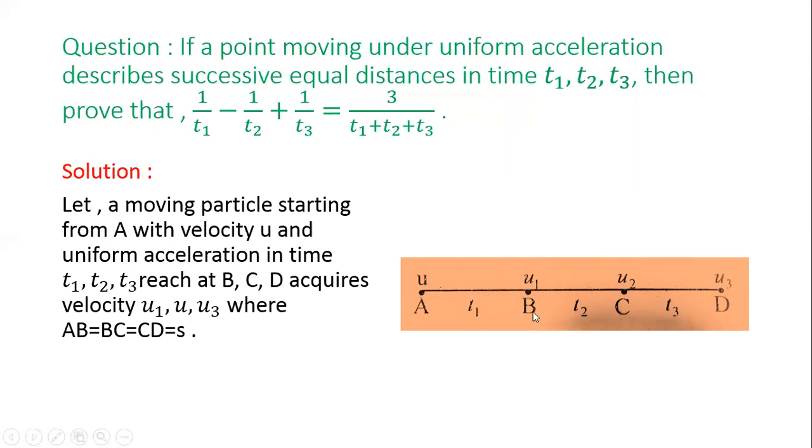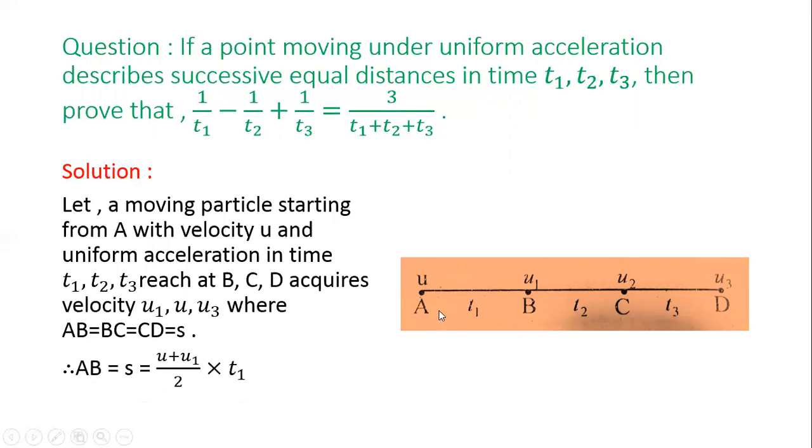When it reaches the point B, it acquires velocity u1. At the point C, it acquires velocity u2. At the point D, it acquires velocity u3, where AB, BC, CD are equal distances, which we indicate by s.